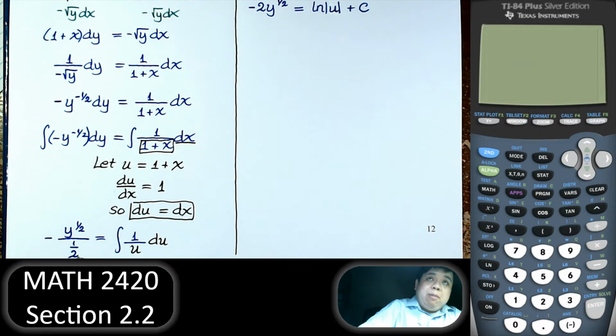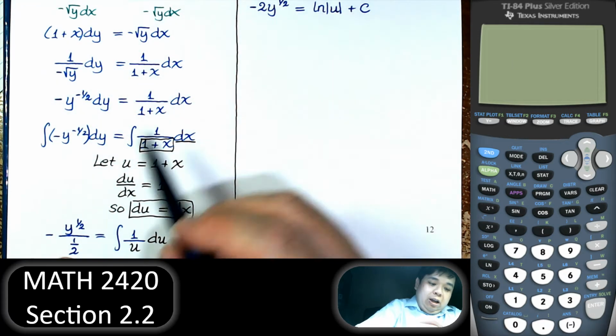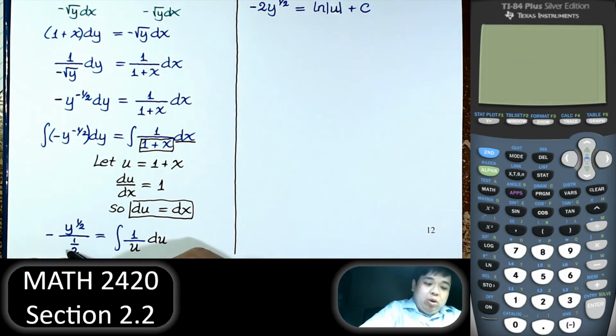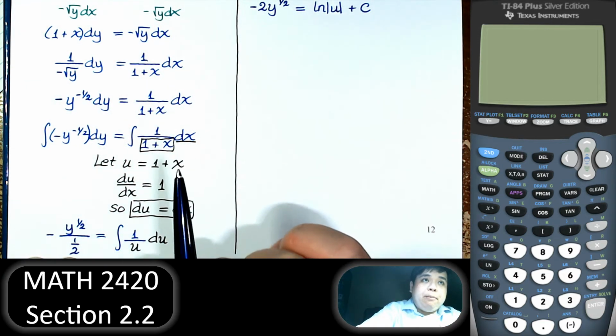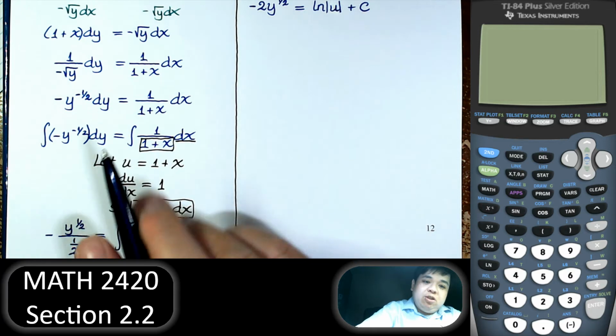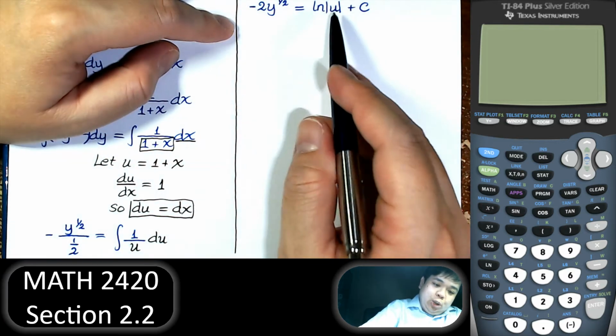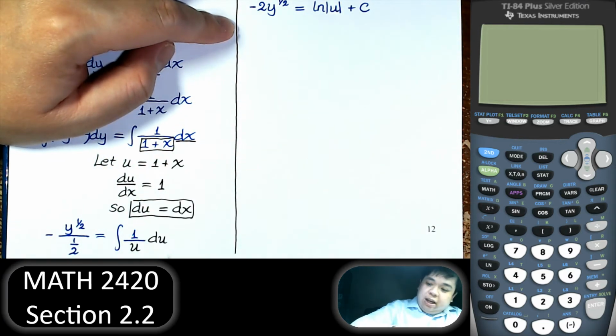Right, divide by 1/2. 1/2 is multiplied by the reciprocal, so multiply by 2 over 1, which is just 2. And that's still negative. So that's what we have here. And then u is 1 plus x.